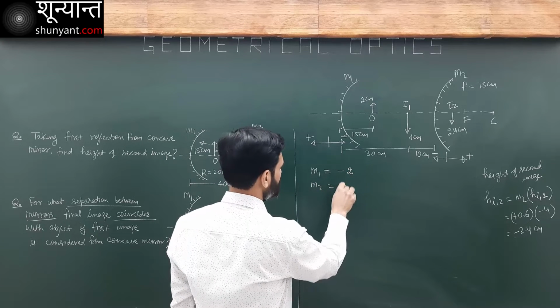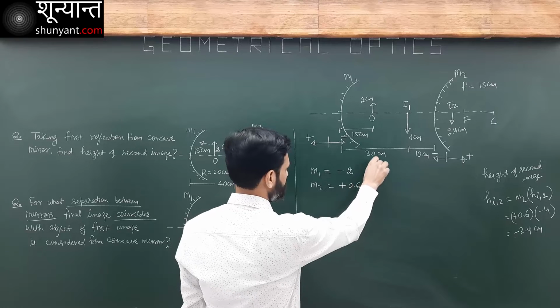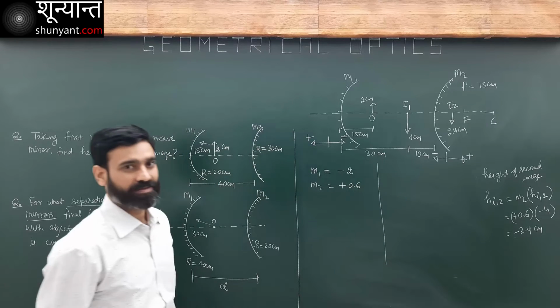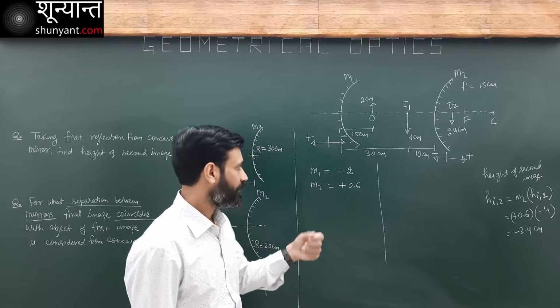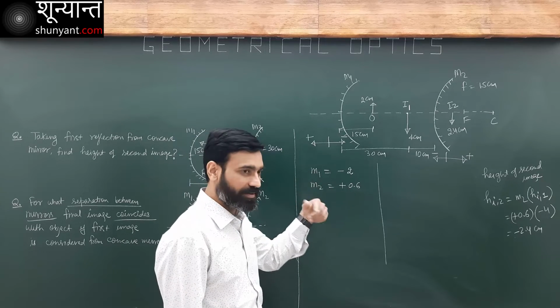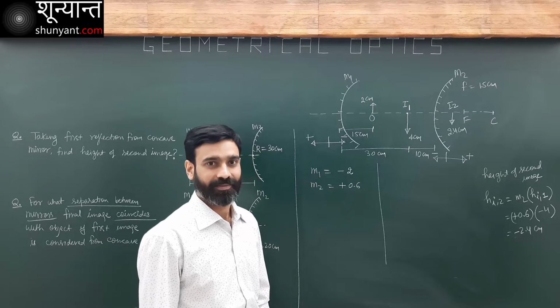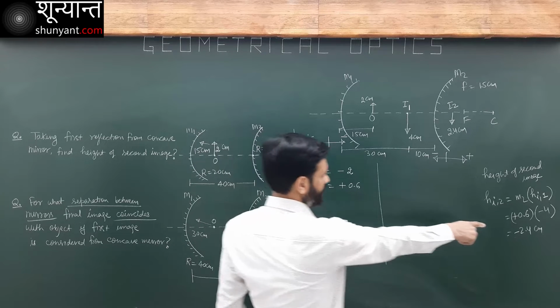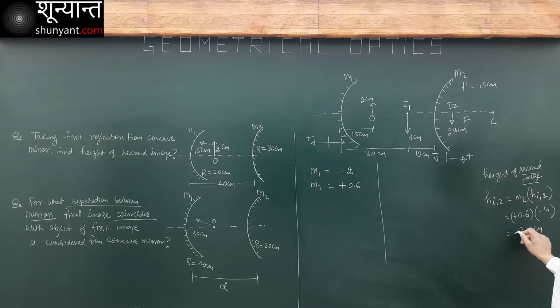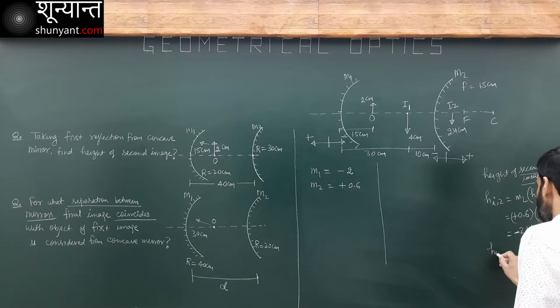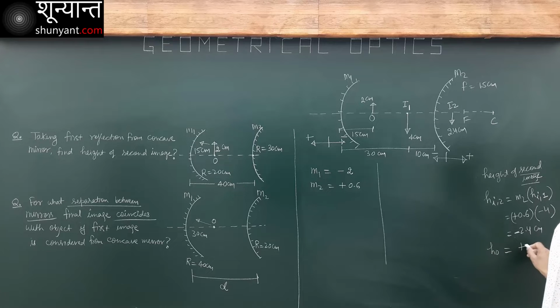It was plus 0.6. This is the magnification produced by the first mirror, and the magnification produced by the second mirror. Look here. Height of second image is minus 2.4. Height of object is equal to plus 2 centimeter.